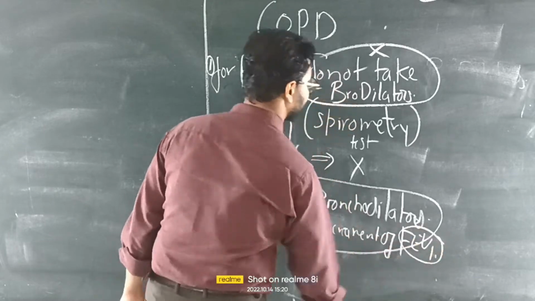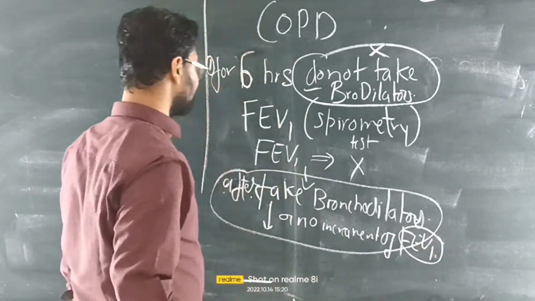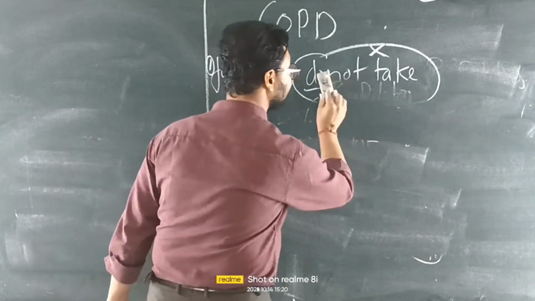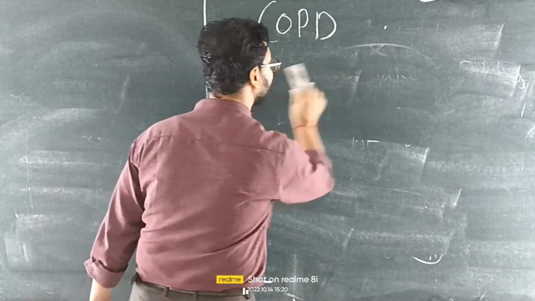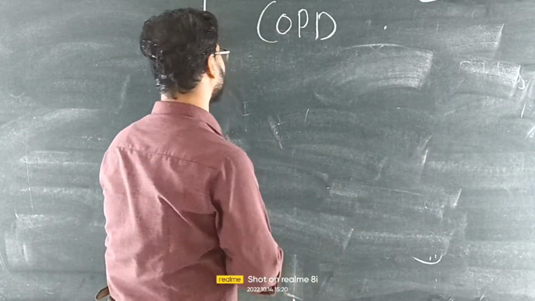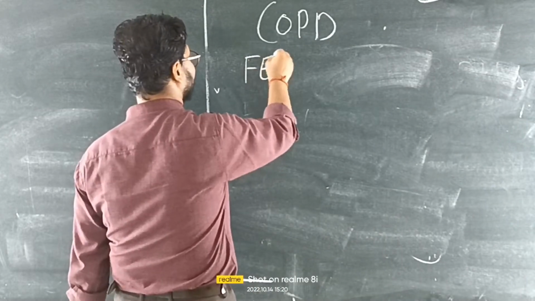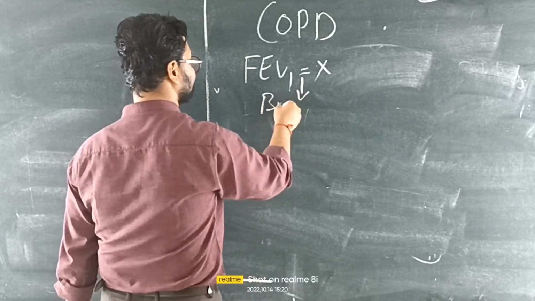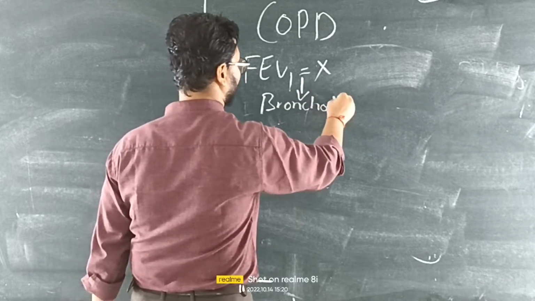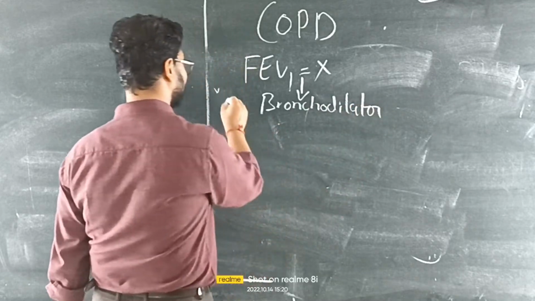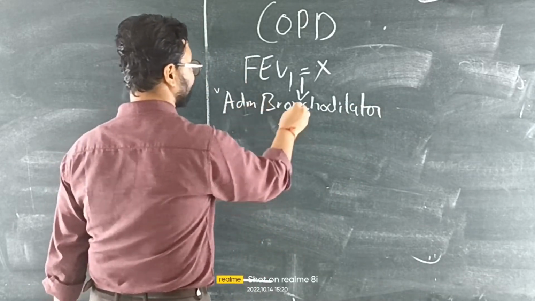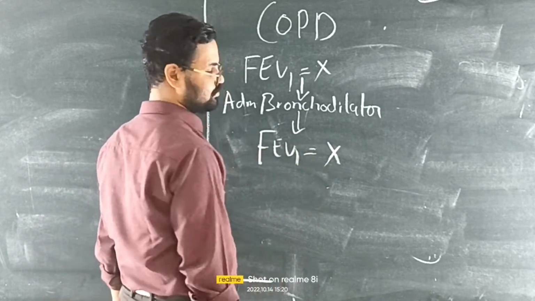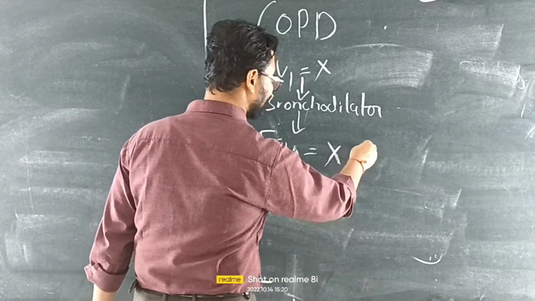Let me summarize it here. We will not give the patient bronchodilator 6 hours prior to the spirometry, and suppose the FEV1 value is X. But after administration of the bronchodilators, suppose the FEV1 value remains X or increases only slightly.